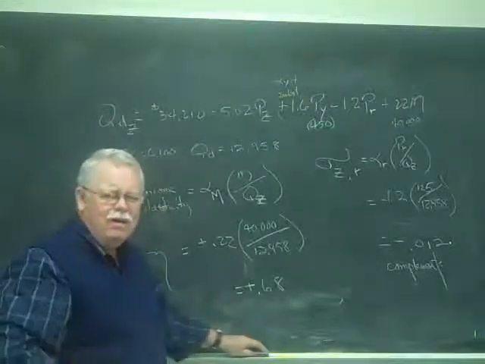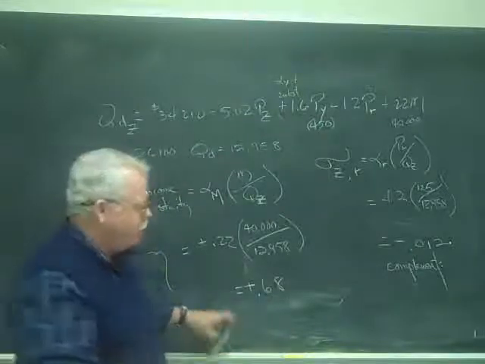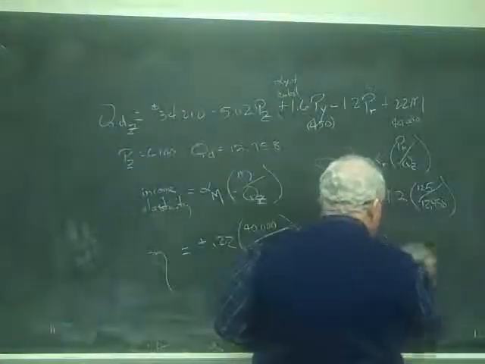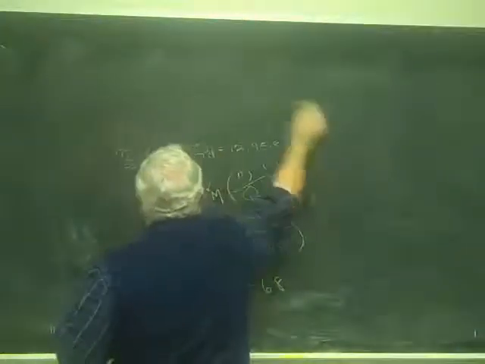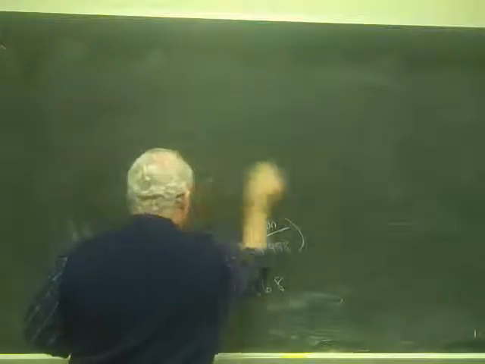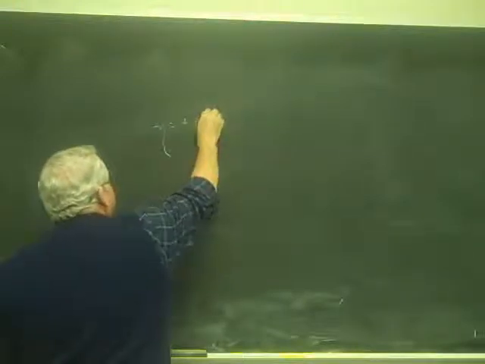What does it mean, 0.68, the income elasticity of demand? Well, let's take a look at that. The income elasticity is positive 0.68.